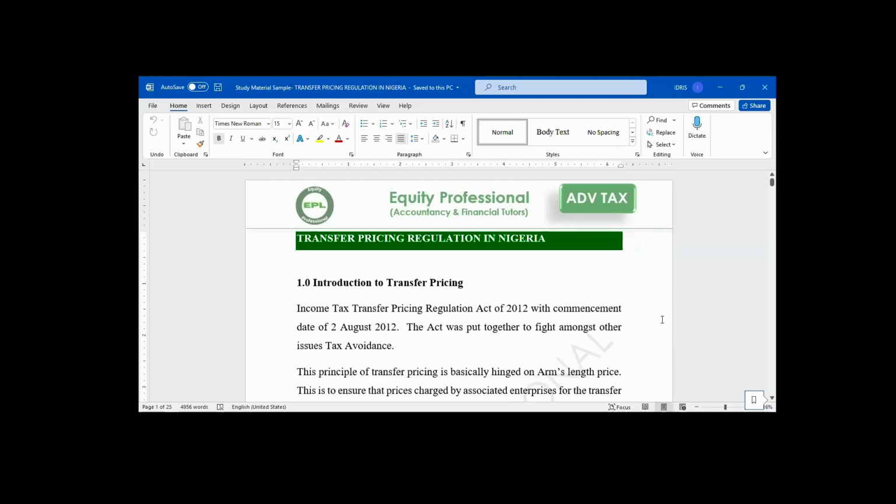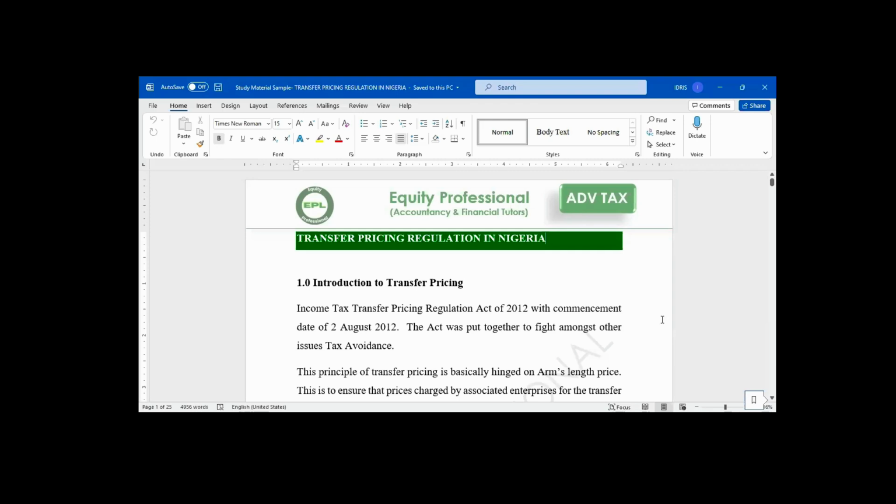This topic is one of the topics that we call international taxation policy, like double taxation relief, taxation of non-residents, base erosion and profit shifting, and tax havens. So transfer pricing too is one of the topics that affects taxation globally.